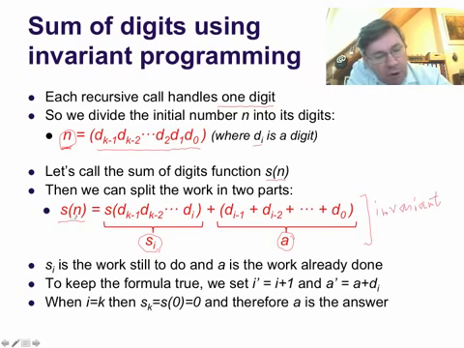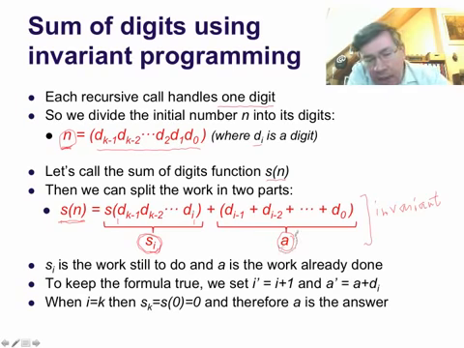Notice that the part on the left of the equal sign is like a constant. During the whole calculation, it's the same. It's the s of n we're going to calculate. On the right-hand side, we have two parts that vary, and it's the sum that has to be constant. So in order to keep the formula true, when we advance in the calculation, in the s_i, we increase i by 1, so the number inside here will reduce in size.